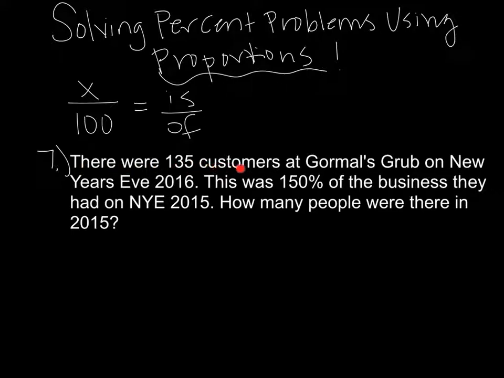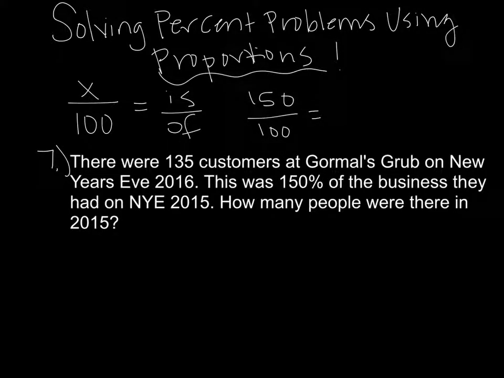Here's another word problem. There were 135 customers at Gormel's Grub on New Year's Eve 2016. This was 150% of the business they had on New Year's Eve 2015. How many people were there in 2015? Let's see what we know. Do we have a percent? Yes, we do. 150. 150 over 100 equals, now we need an is and an of.